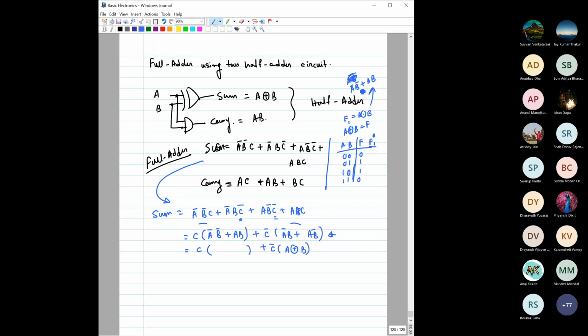From this function itself you can tell me. For 0 0, what is the value? 1. For 1 0? 0. For 0 1? 0. For 1 1? 1. So you can see, what is the relation between F and F dash? They are inverse functions, right?